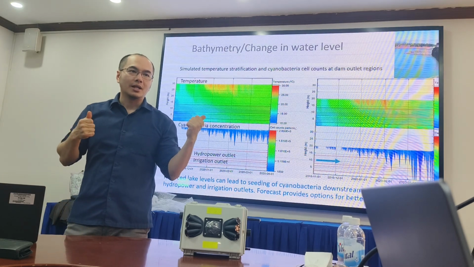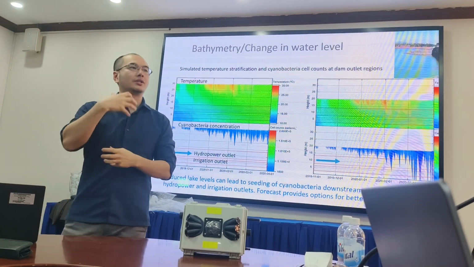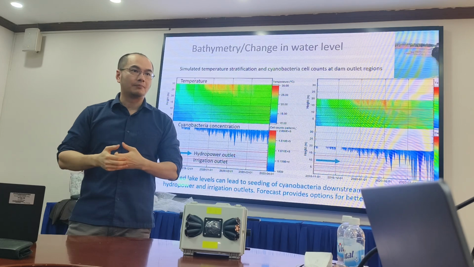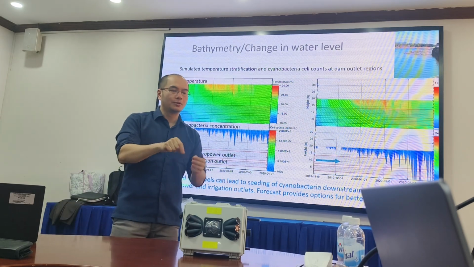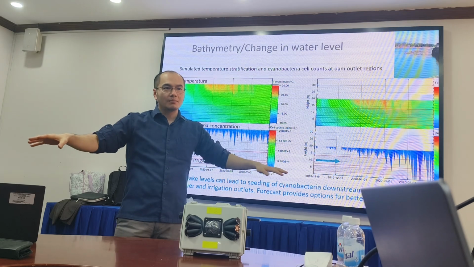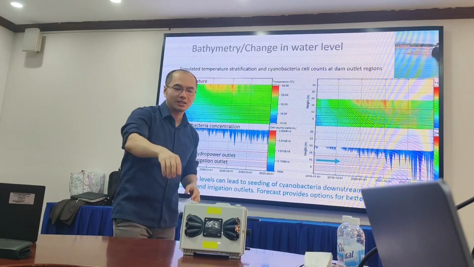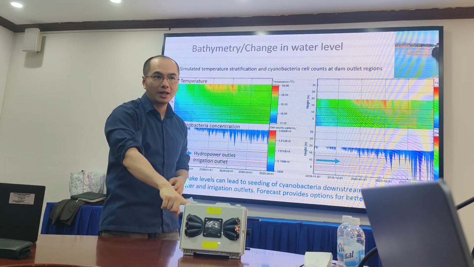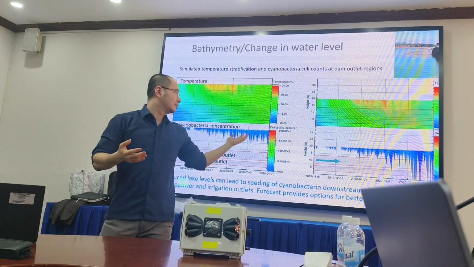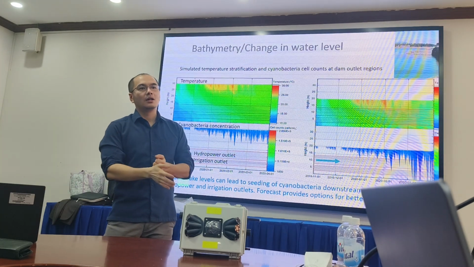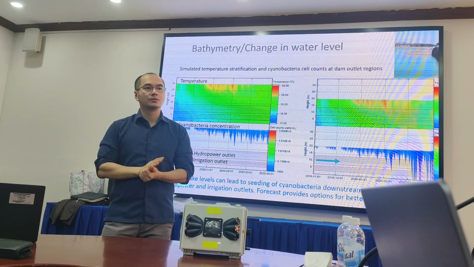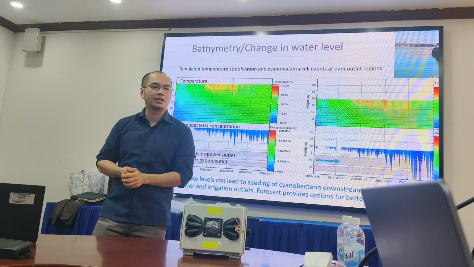Because it's 1D, it can give you results very fast. You may not have the chain to cover the whole reservoir, but you put the monitoring high-frequency spectra near the dam outlet, then you could see problems like this, whether you could release the water or hold on to resolve the stratification.